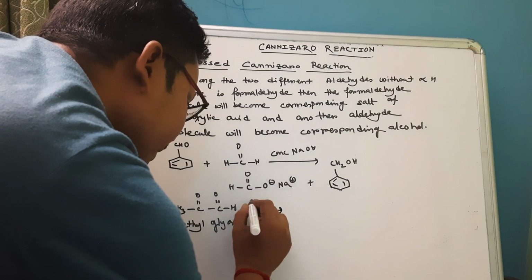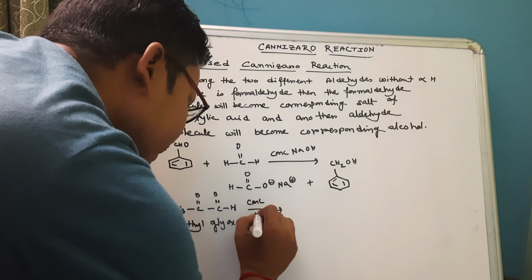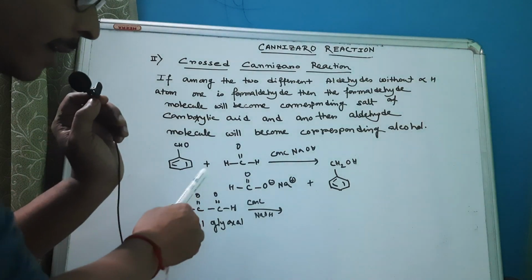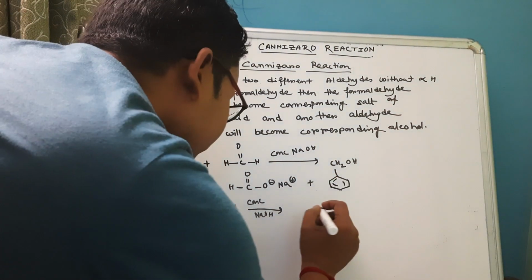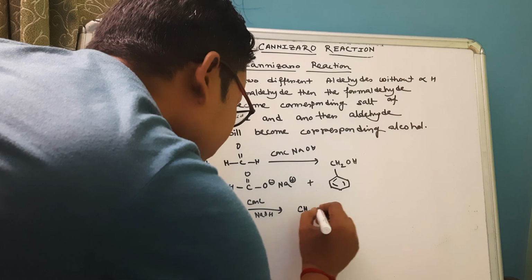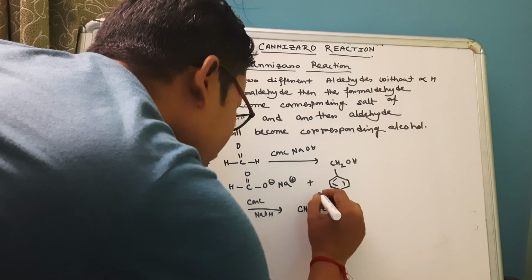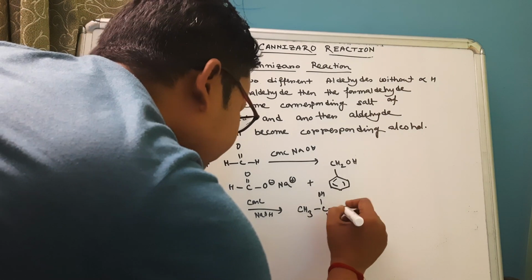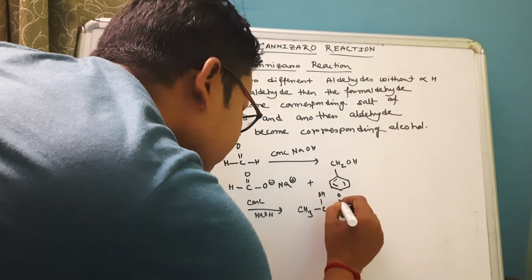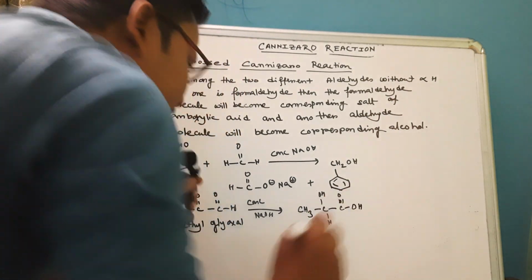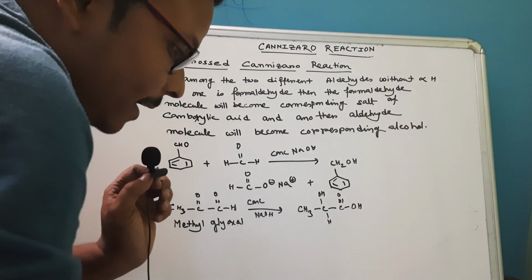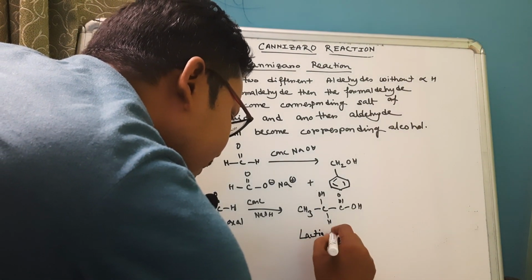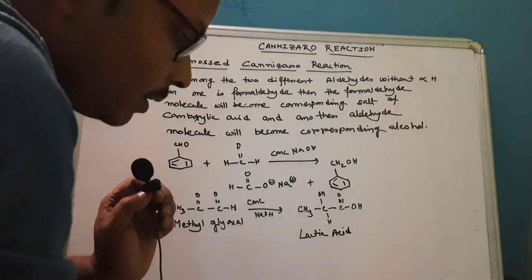If you treat methyl glyoxal with concentrated NaOH, then the keto group becomes the alcohol, and the aldehyde part becomes the corresponding carboxylic acid part. Okay, so this is called lactic acid.